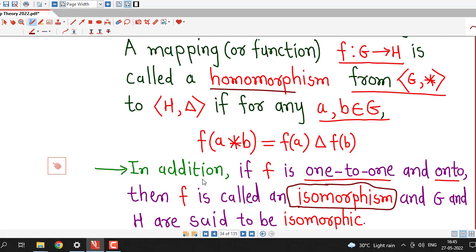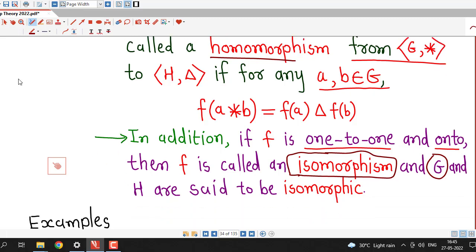If this extra condition is satisfied, that the function is 1-to-1 and onto, then f will become an isomorphism, and the groups G and H are said to be isomorphic. If there exists an isomorphism from G to H, then G and H are said to be isomorphic, and we write it in this way: G is isomorphic to H.